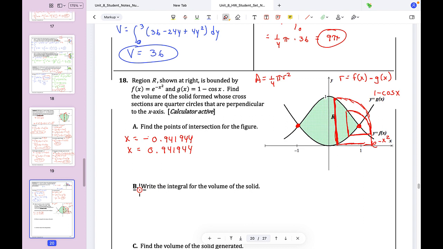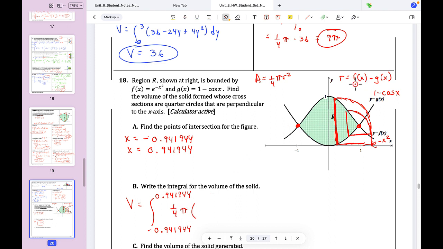Now write the integral. So we're looking at volume equals, right? We needed those points of intersection so that I know what my lower and upper bounds on the integral are. So we're going to go from negative 0.941944 to positive 0.941944. The area function is going to be 1/4 pi r squared.